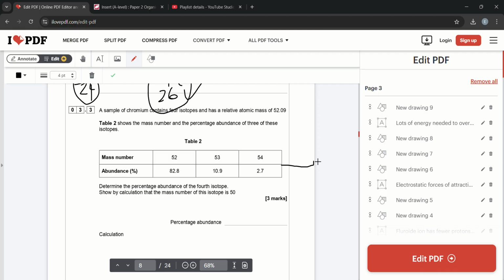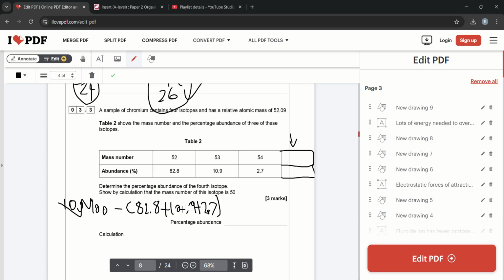The mass number is what we're trying to find. We're trying to show it's 50. But the percentage abundance, well, we know the total percentage must add up to 100, so it's just going to be 100 minus 82.8 plus 10.9 plus 2.7.